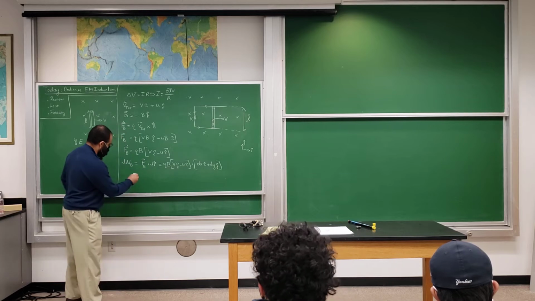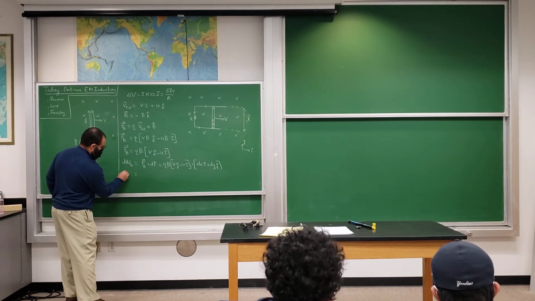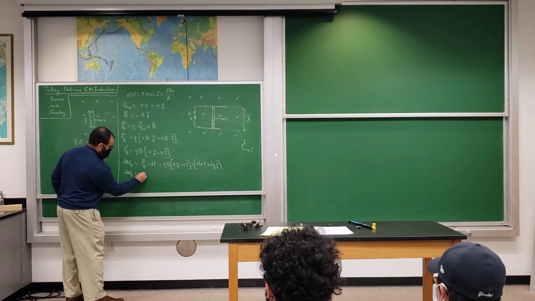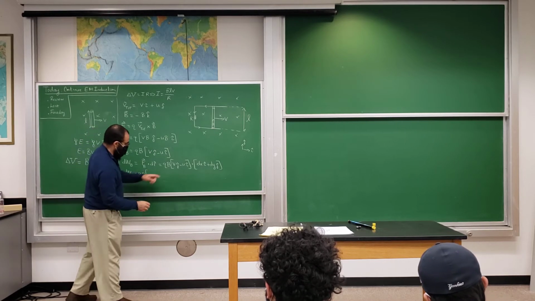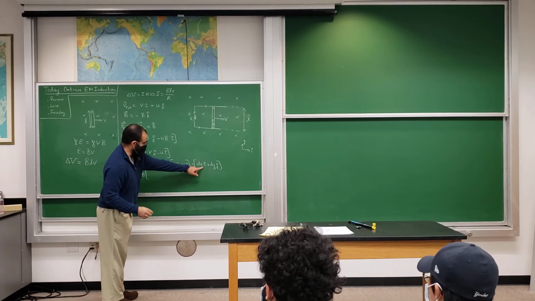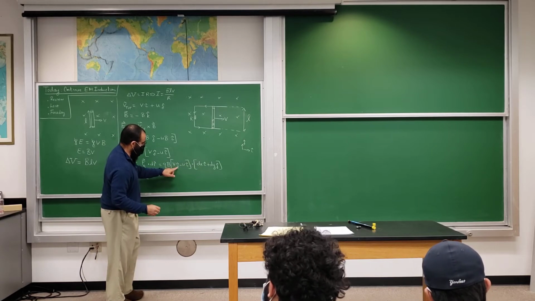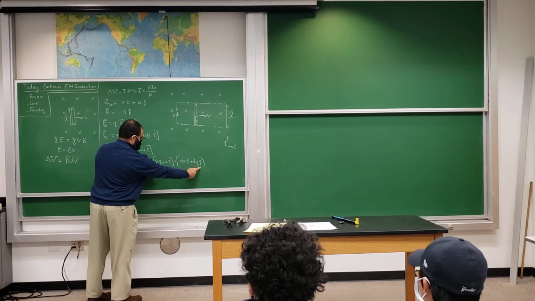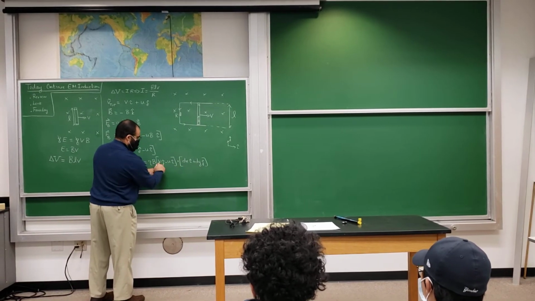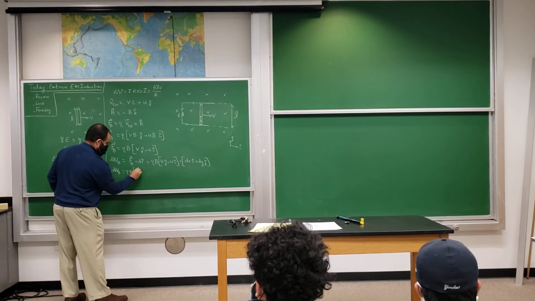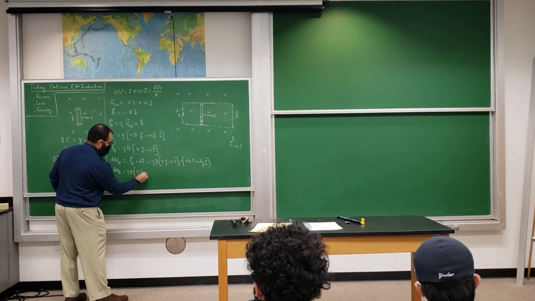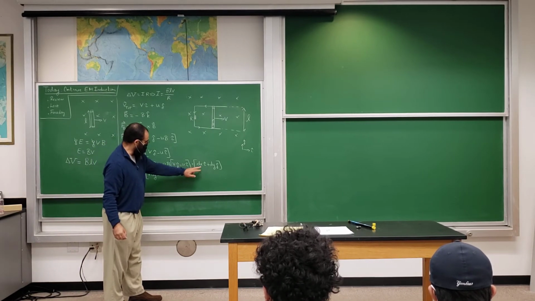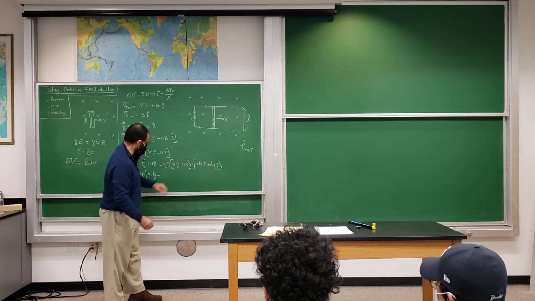So dW will be QB times, again, J hat dot I hat is 0, and J hat dot J hat is 1. So I get just V times dy. And I hat dot I hat is 1, so I get minus U dx.